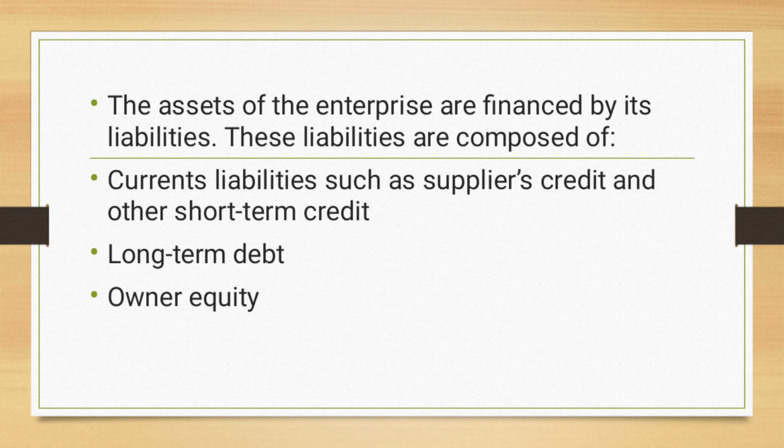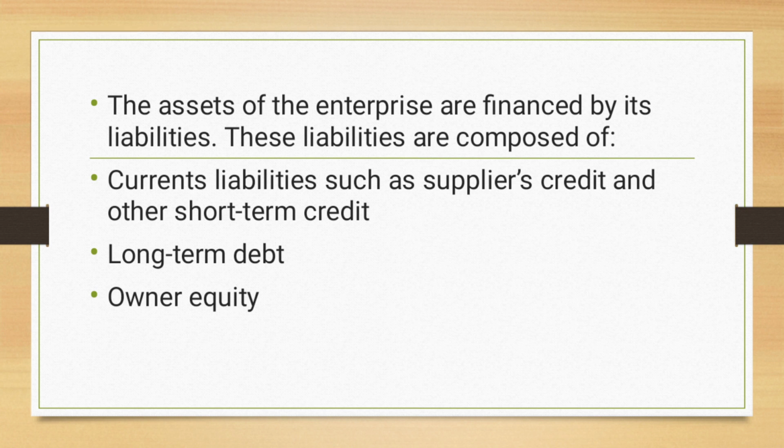And then we have the long-term debt. It is a liability that matures in more than 1 year. And then we have the owner's equity. It is the amount of ownership you have in your business. We can get the owner's equity by subtracting your liabilities from your assets.